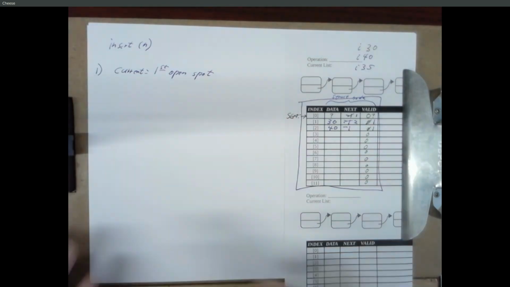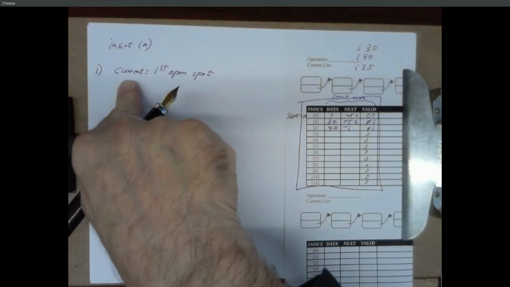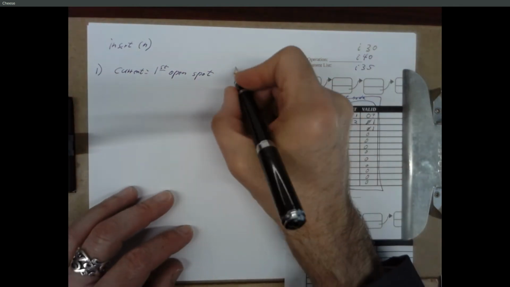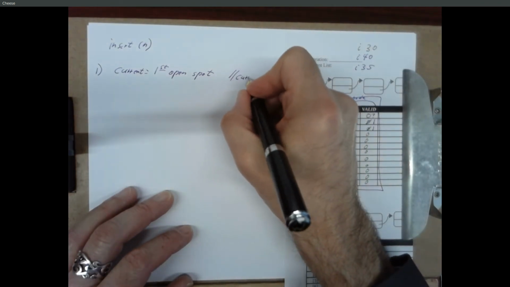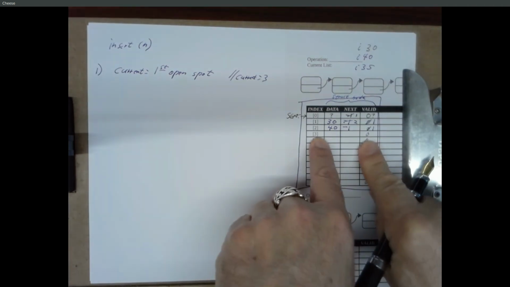Let's find the first open spot in our array, the first spot where valid is 0. I'm going to call that current. Okay, so in this case, current is going to be equal to 3. Right, because that's the first spot that hasn't been used yet.